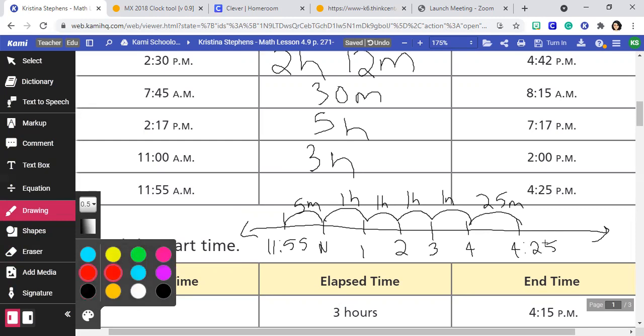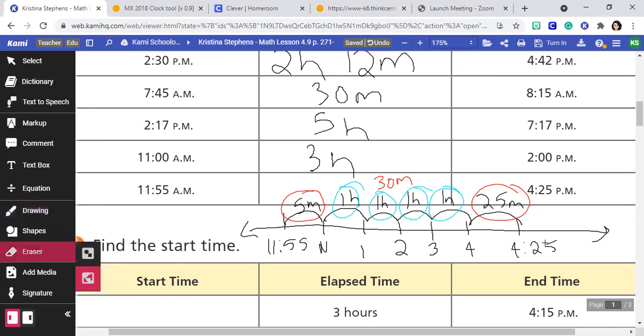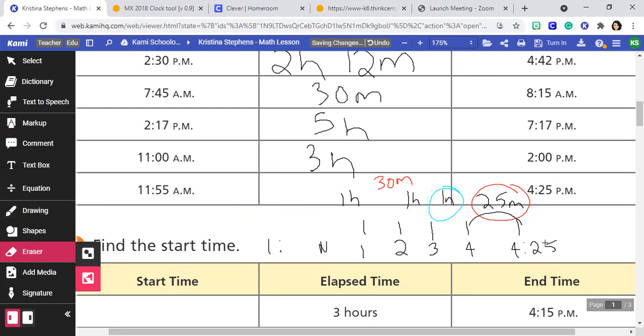How much time has elapsed? 25 minutes plus 5 minutes is 30 minutes. And we already determined that we had 1 hour, 2 hours, 3 hours, 4 hours that have gone by. So 4 hours and 30 minutes.